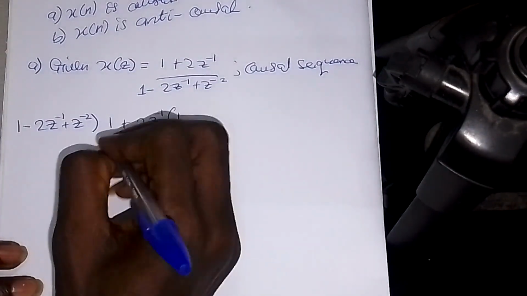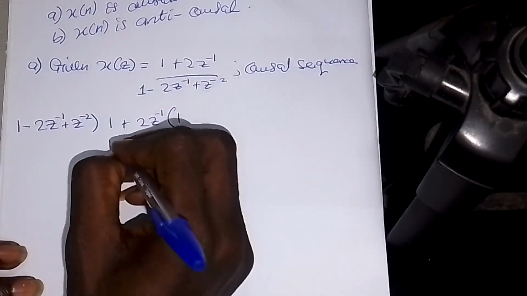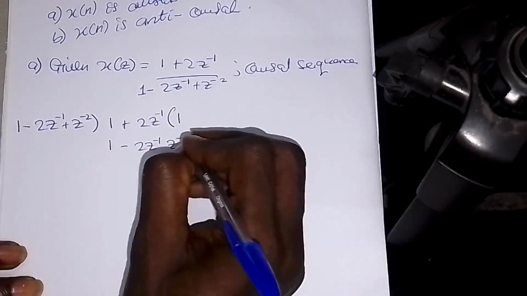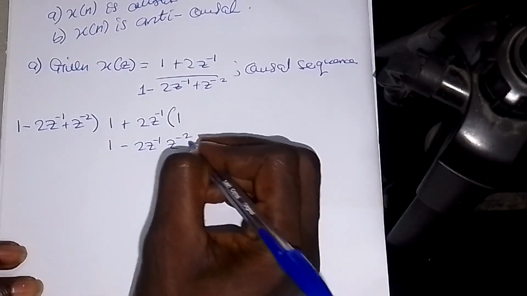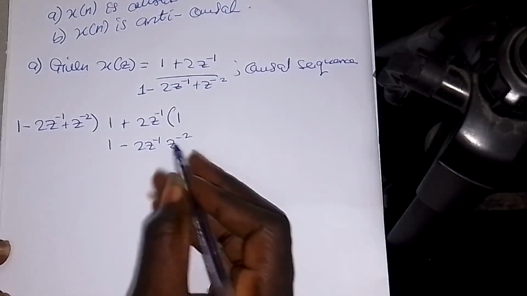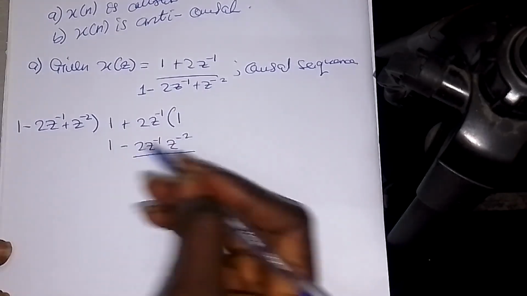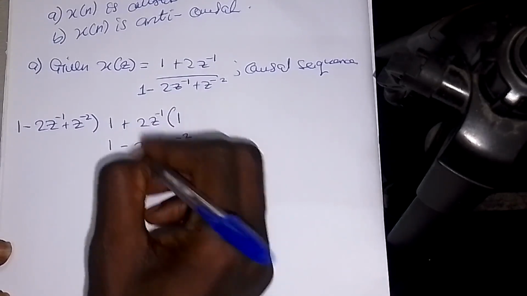So this time this, I'll get 1. This time this, I'll get minus 2z^-1. This time this, I'll get z^-2. Now I'll subtract. Here I'll get 0.